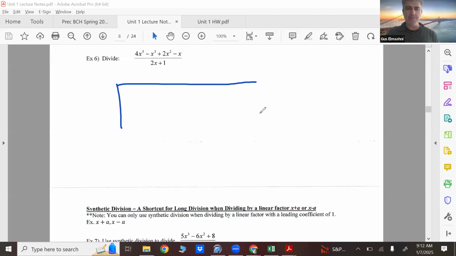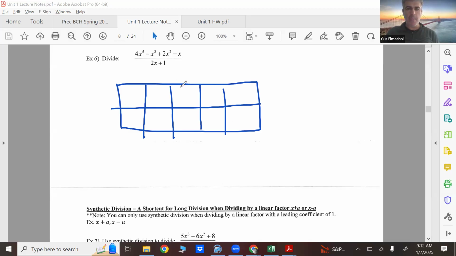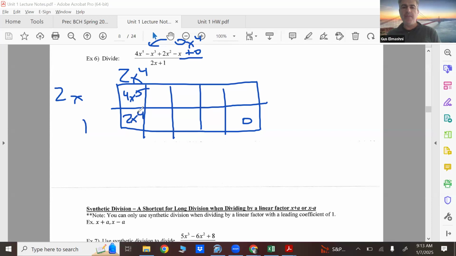So we're going to do 5 columns. 1, 2, 3, so 4 partitions. 2x and 1, 4x to the 5th. There's 0 here because it's plus 0. And remember, there's 0x to the 4th. So now, what do you multiply to 2x to get the 4x to the 5th? 2x to the 4th. Now, do we have an x to the 4th in the numerator?